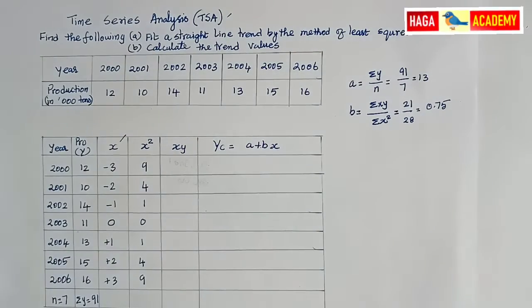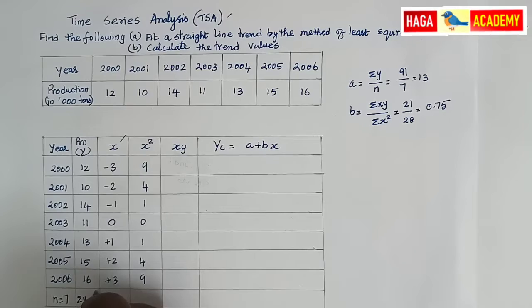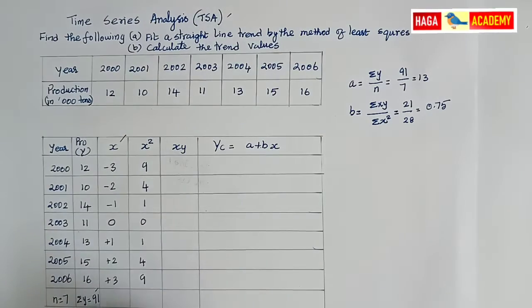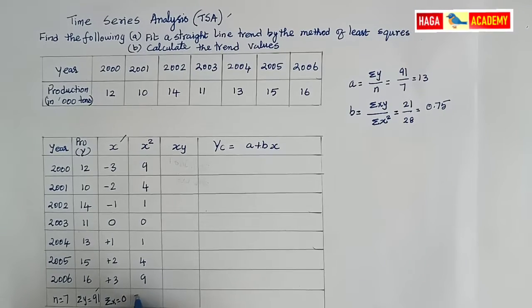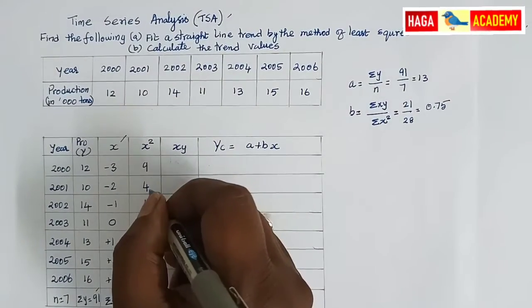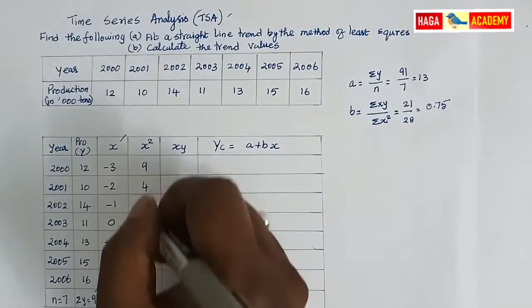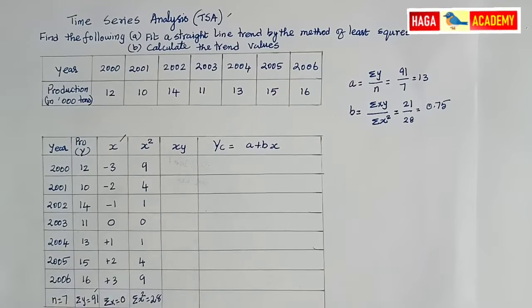This total of 12, 10, 14, 11, 13, 15, 16 all together gives summation y equals 91. Here summation x equals 0. Then summation x square: 9, 4, 1, 0, 1, 4, 9, all together it comes to exactly 28.